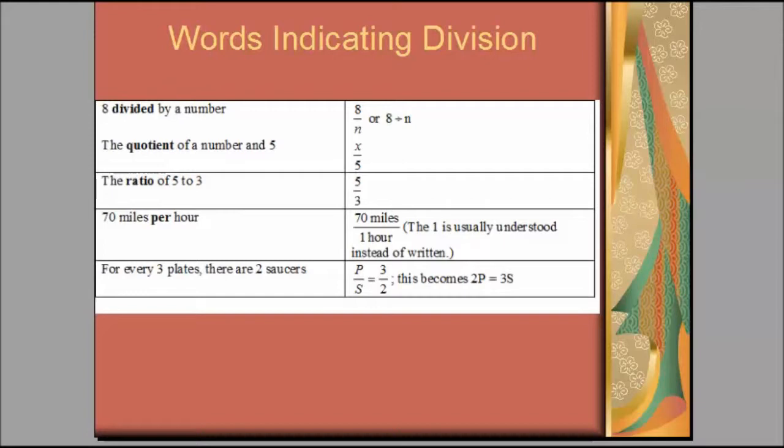Notice that we put P for plates in the numerator of the first fraction, and 3, which is the number associated with plates, is the numerator in the second fraction. If S is in the denominator, and that stands for saucers, the number 2 will be in the denominator of the second fraction. Notice that we can cross multiply and get 2p equals 3s.